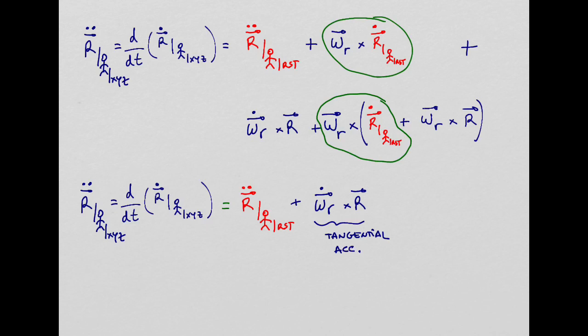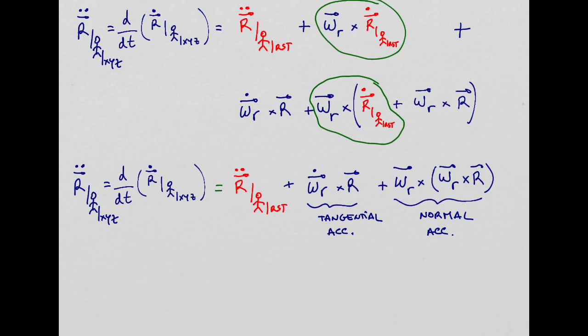The other term we have is due to this cross product here, which is, I'm going to add here, this is the WR cross product with WR cross product with the position vector R. This is known as the normal acceleration, and I'm going to explain what this is.